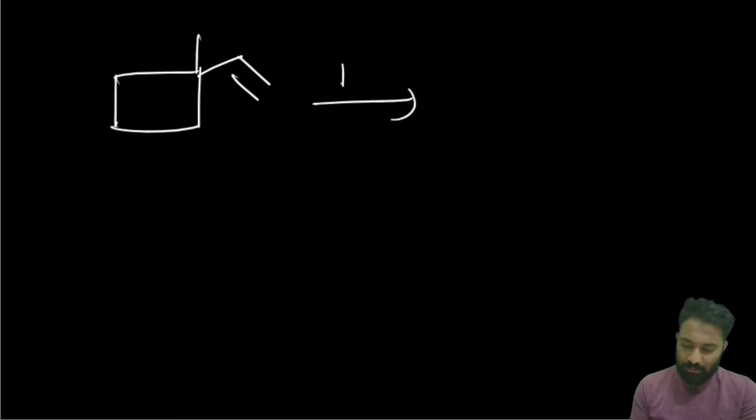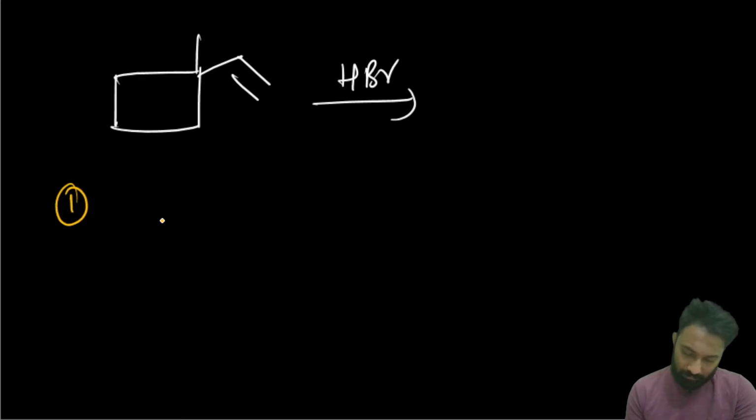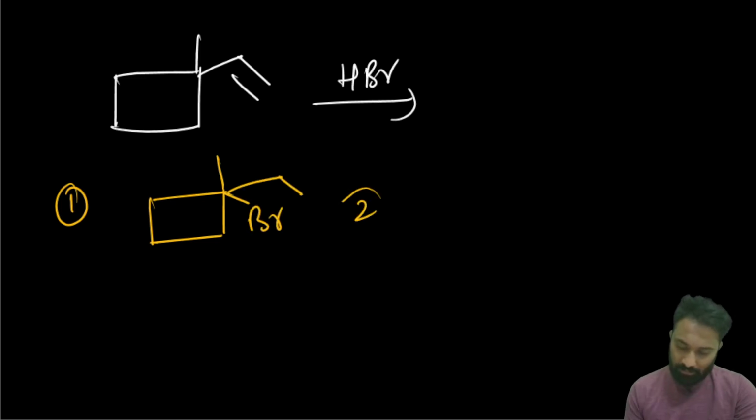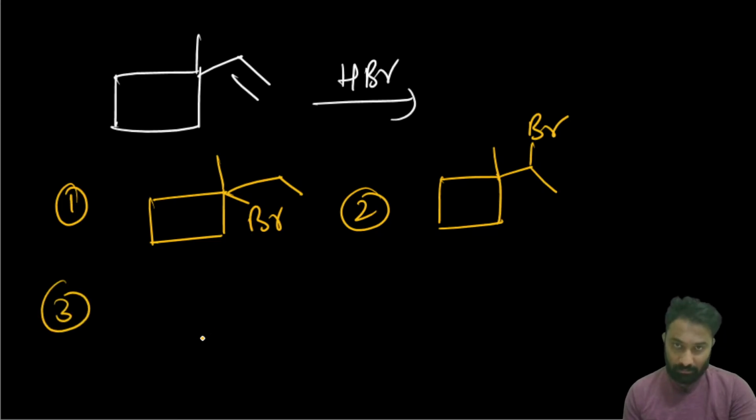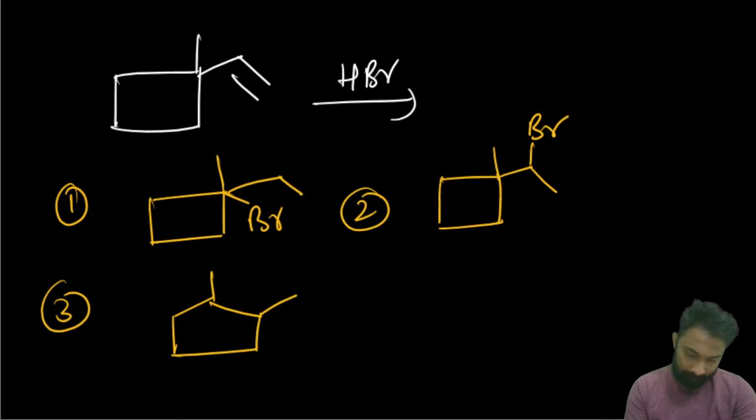Okay? Now HBr, if they have given, which product is major? First one, A, this is 1. Now B, this is 2. Now the 3, now the 4.